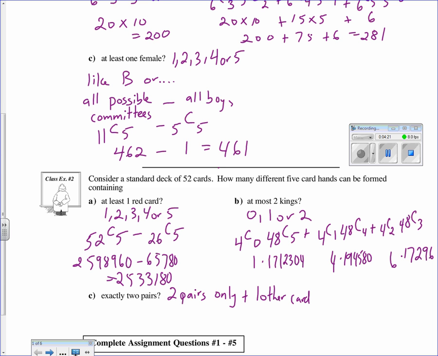So 1 times 1,712,304 plus 4 times 194,580 plus 6 times 17,296. So those are plus signs in between. 1 times 1,712,304, 4 times 194,580, 6 times 17,296 is another crazy big number.